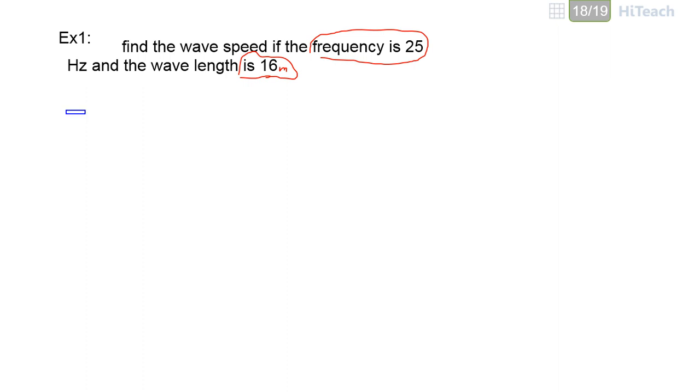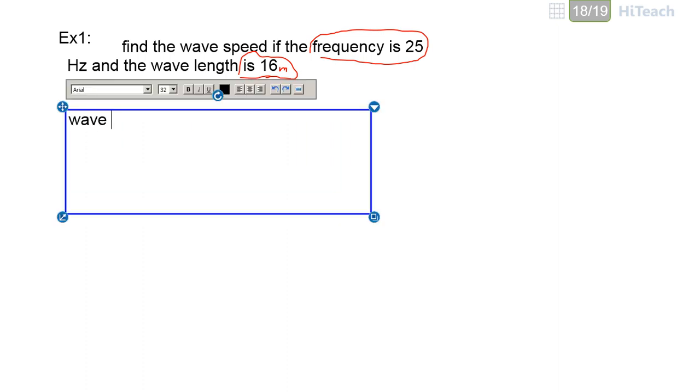So what is the formula? Wave speed equals frequency times wavelength. Let's write now the numbers. The frequency is 25 hertz, times the wavelength, which is 16.